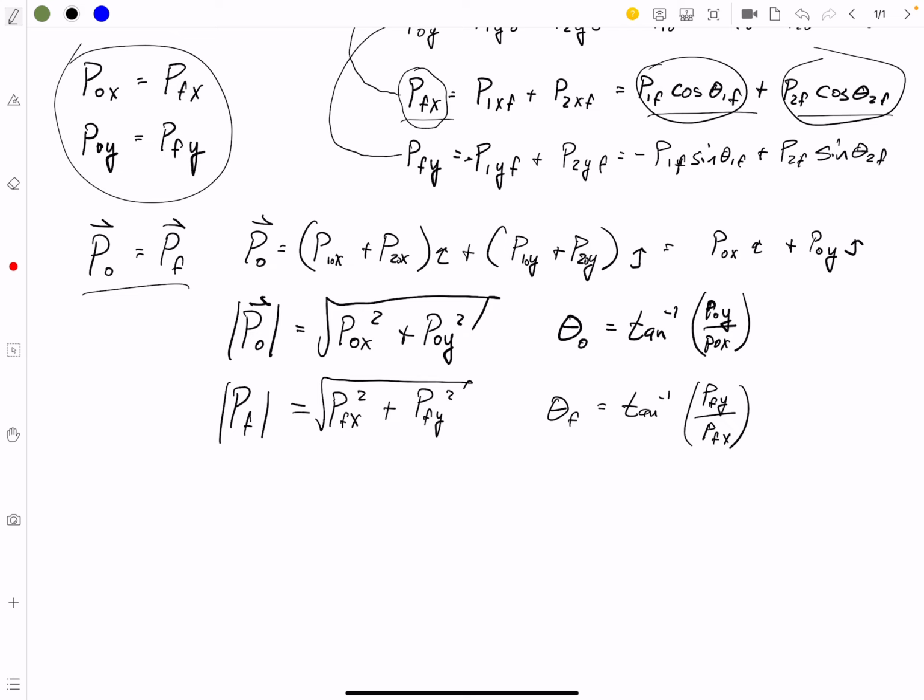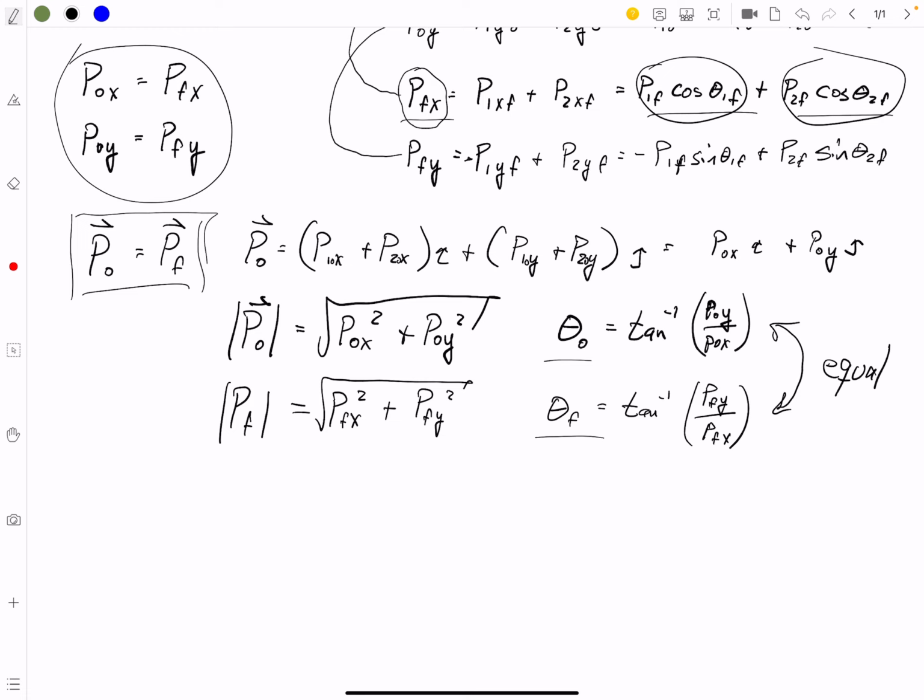We can get a little bit even better than this. Our initial theta and our final theta, if the directions are conserved, then what does that mean? Our initial theta and our final theta have to be equal. So these should be equal. All right? Those should be conserved as well.